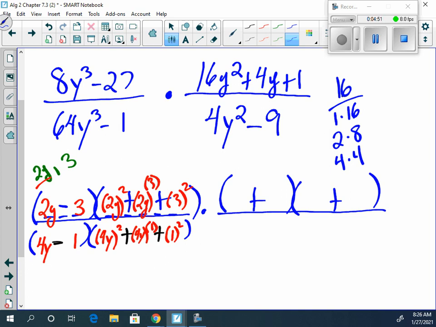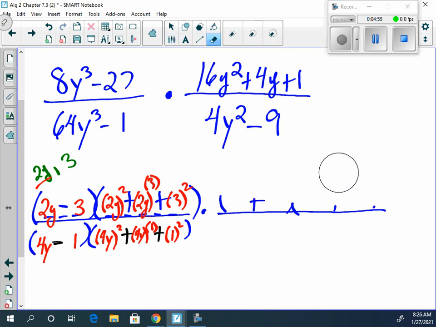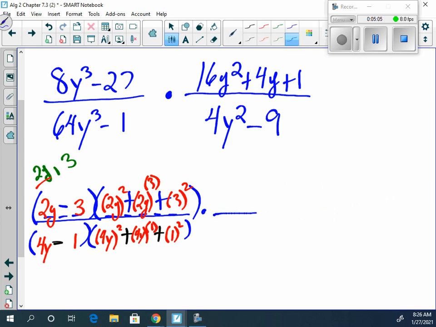Are any of these numbers going to add together to be 4? No. So just to make sure, we can plug it into b squared minus 4ac to see if this will work. And it won't. So that doesn't work.